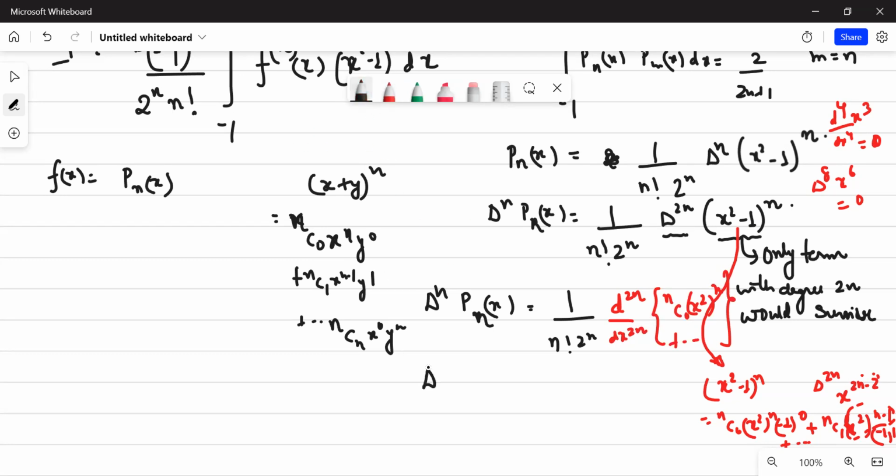So what you will simply get is d^n Pn x, and then you have 1 upon n factorial and 2 to the power n. And if you differentiate this particular thing 2n times, what will you get? You will simply get 2n factorial.